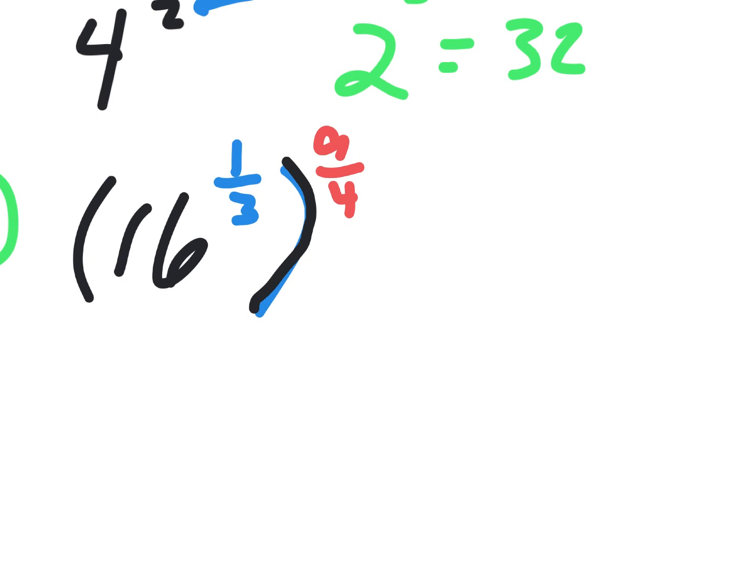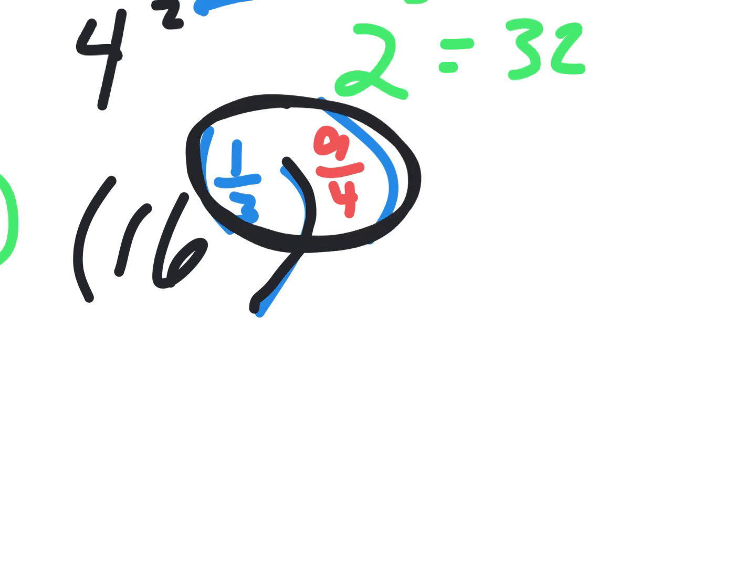Okay. Now, this right here, that part, you can multiply. I personally would multiply that out with my calculator, and I'd have 9/12. But I bet some kids could reduce that in their head. It's 16 to the 9/12.